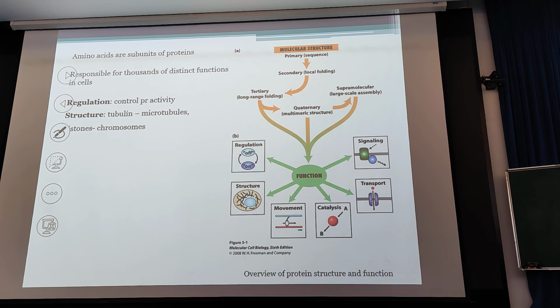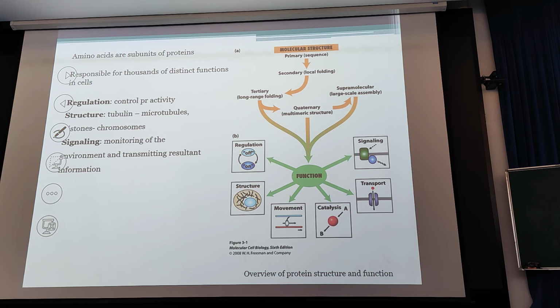So many types of proteins are involved in the structure function, like tubulin or microtubules, the main components of the cytoskeleton, the skeleton of the cells, and histones in the chromosomes. They are proteins involved in structure functions. And so many other functions.